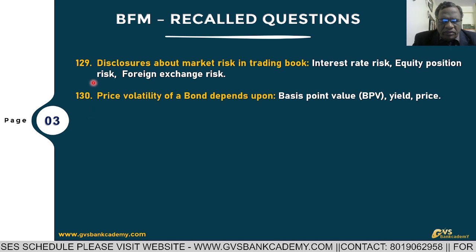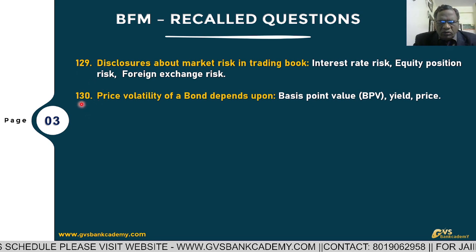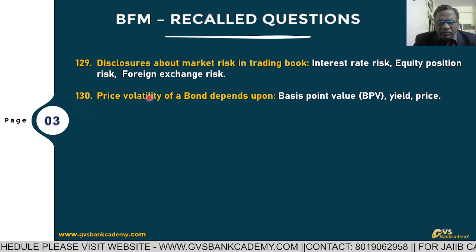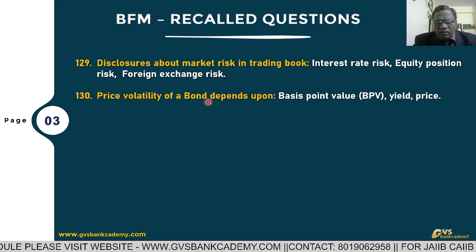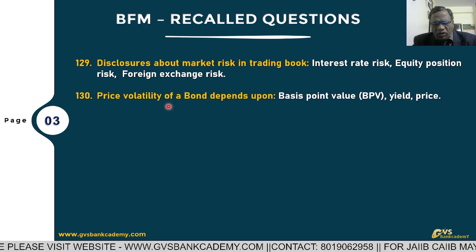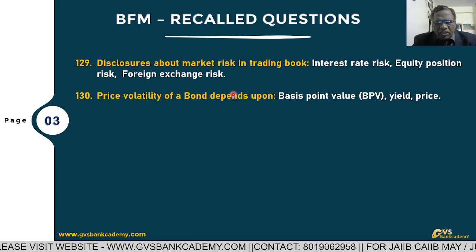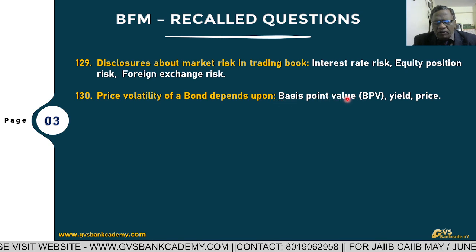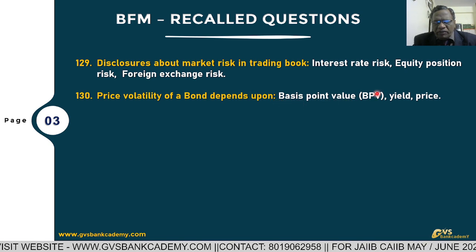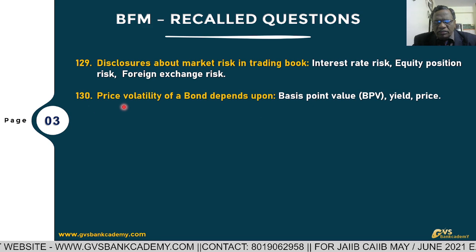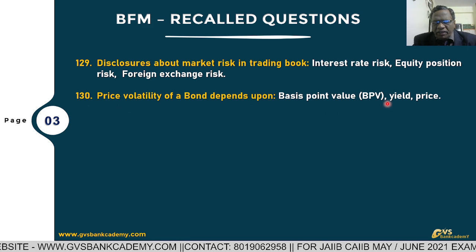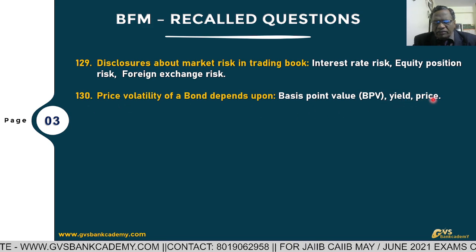Now, question number 130, price volatility of a bond. The fluctuations in bond prices will generally depend on basis point value. The higher the basis point value, the higher the chances for fluctuation in yield and price.